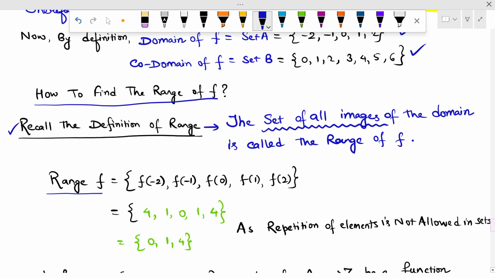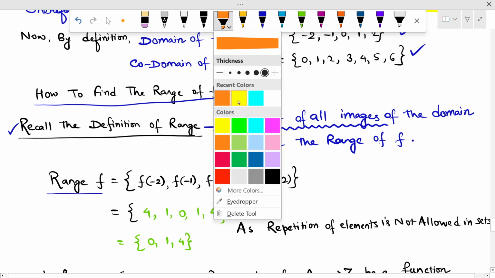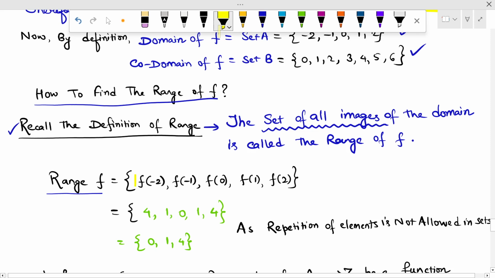Means range of f will contain f of -2, f of -1, f of 0, f of 1, f of 2. Now f of -2 is 4, f of -1 is 1, f of 0 is 0, 1 and 4, right? Now all of you know set theory.